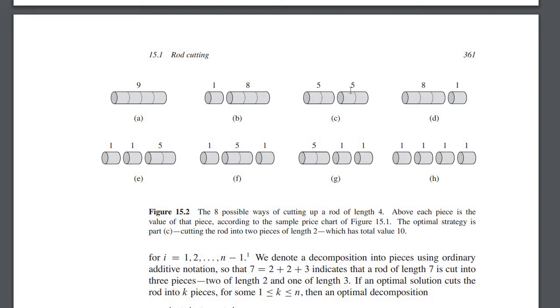Here we can see that if we make 2 pieces of 2 units, every piece will give us the price of $5, or you can say rupees. So the total will give us $10, or 10 rupees, for the whole 4 unit length.